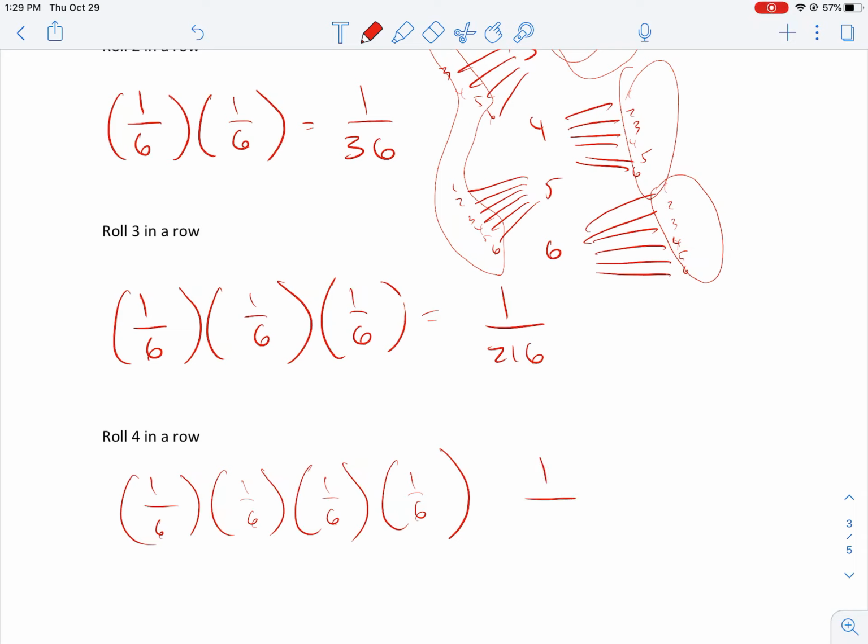And this is 1 over 1296, which is equal to 0.000771. So that's the chances of you rolling that same roll 4 times in a row.